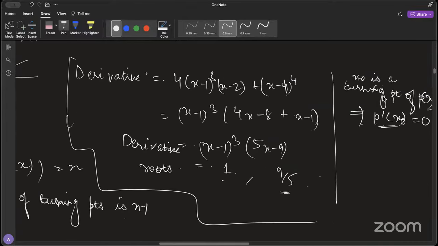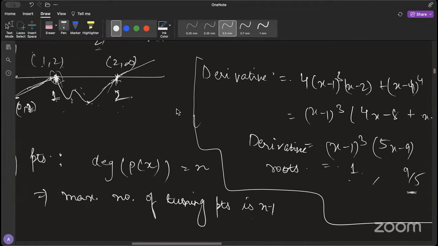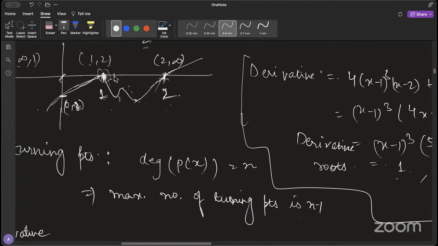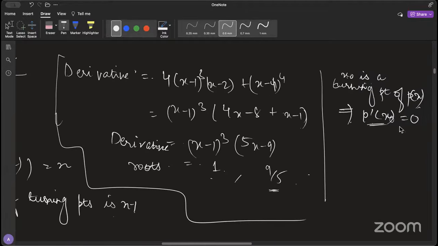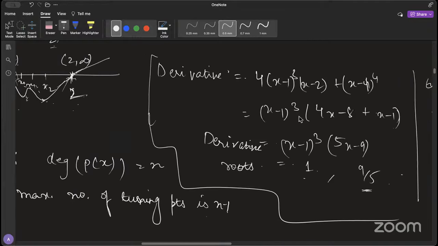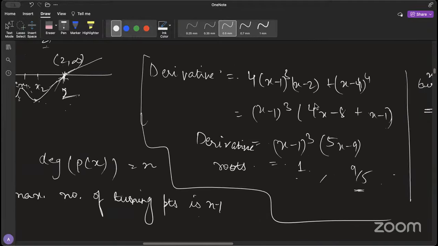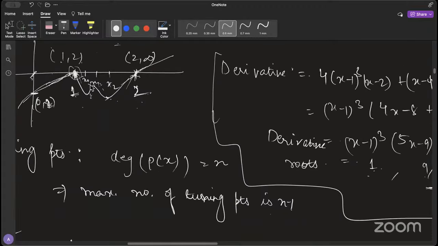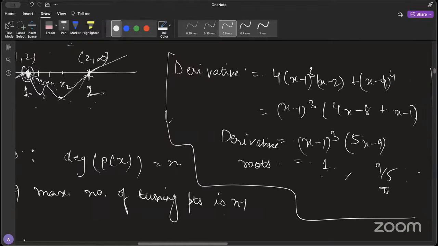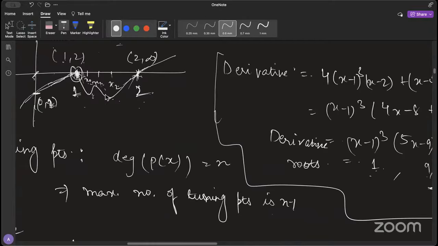Now if there are three different turning points, say x0, x1, and x2, that means your derivative should be 0 at all of these points, 0 at x0, 0 at x1, and 0 at x2. But your derivative is only 0 at 2 points, out of which one is 1. It should be 0 at these 3 points too, but you're only left with 1 point. That means this is not possible, right?